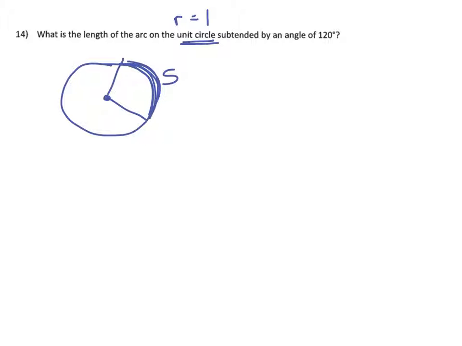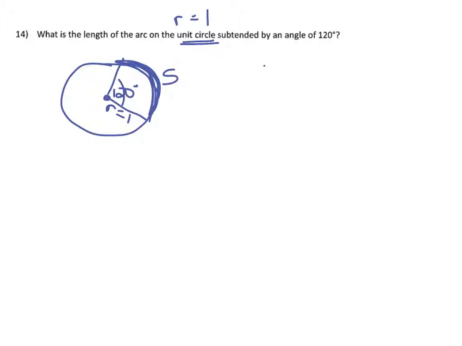So radius equals 1. So let's put that here. Radius equals 1. Now it's subtended by an angle of 120 degrees. So it means that this arc is forming an angle right here of 120 degrees. Okay, so they want us to solve for S.